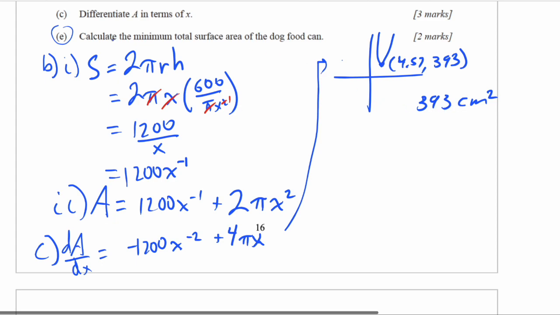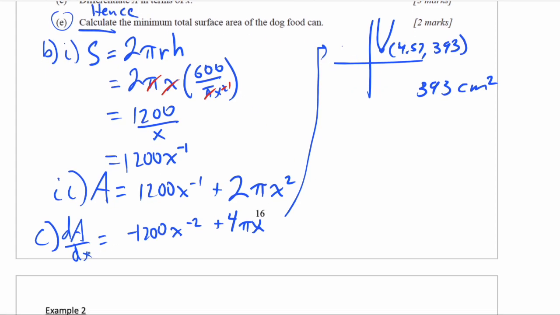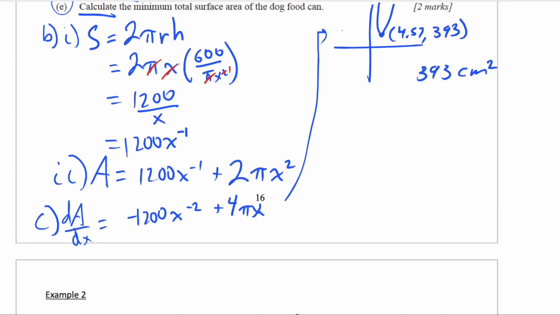Now if it said hence here, then you have to use the derivative. The derivative at the minimums and maximums is 0. So let's call this method 2. You'd have to do this if it said hence, or if it said use the derivative. So we can set 0 equal to negative 1200x to the power negative 2 plus 4 pi x.